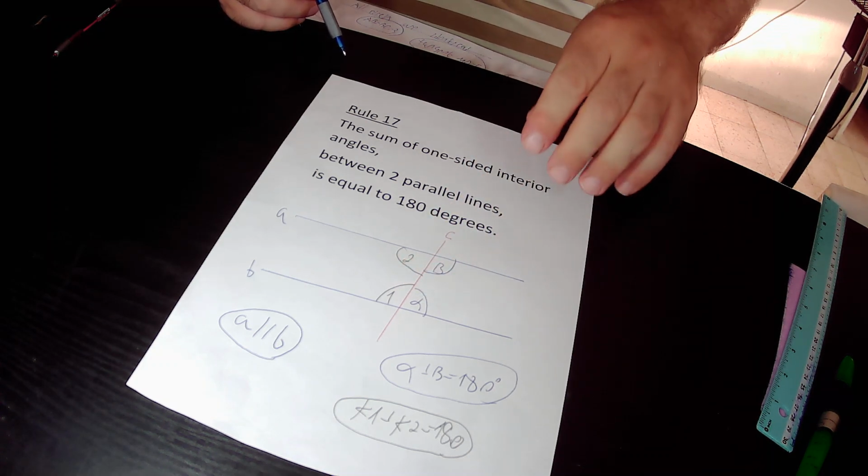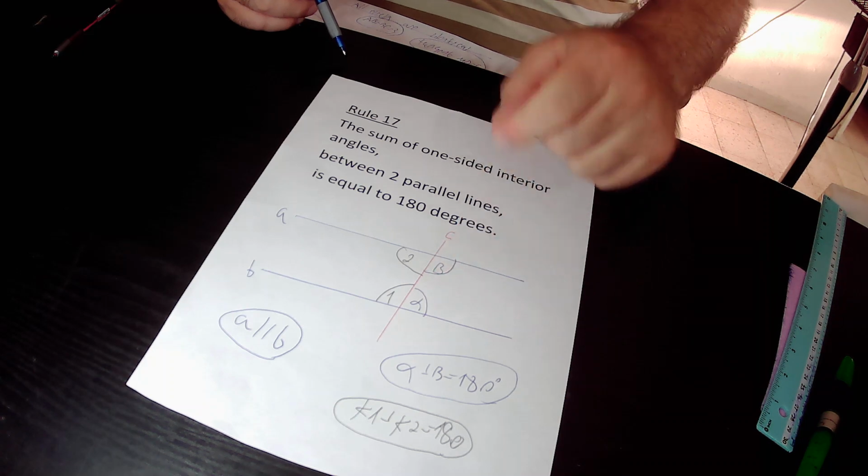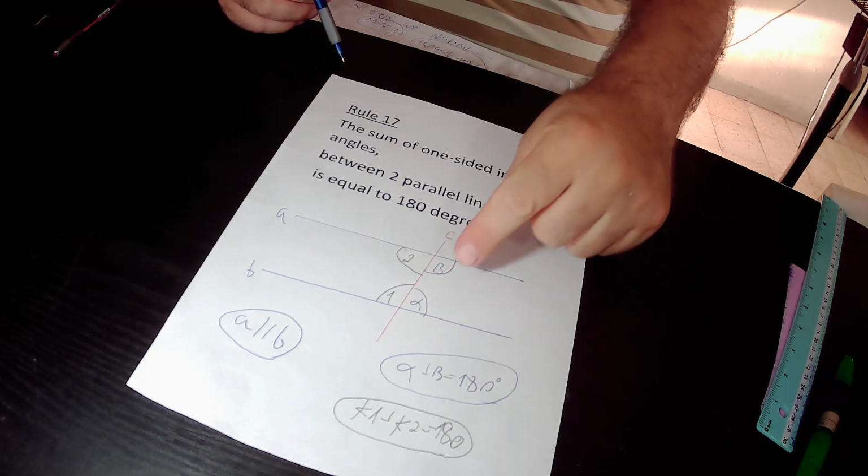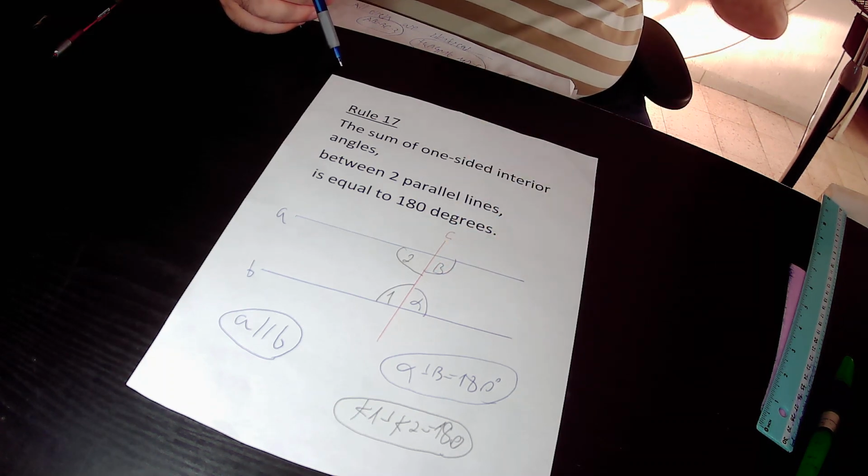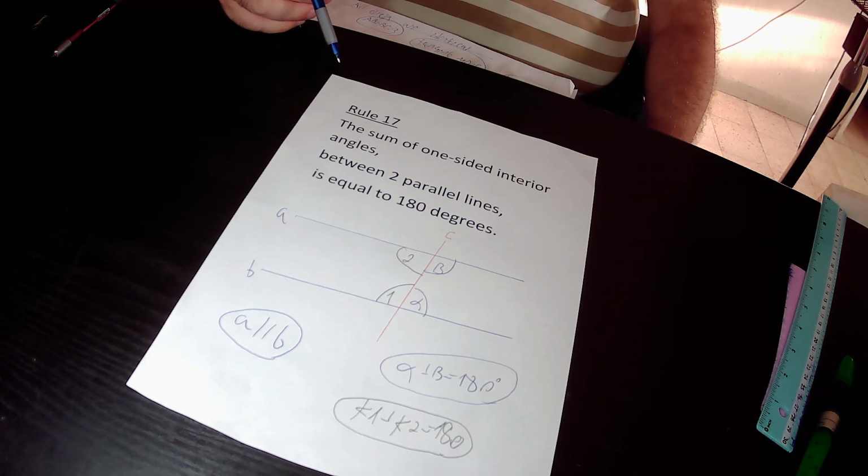We also have those two angles alpha and beta. Those two angles alpha and beta are defined as one-sided interior angles.